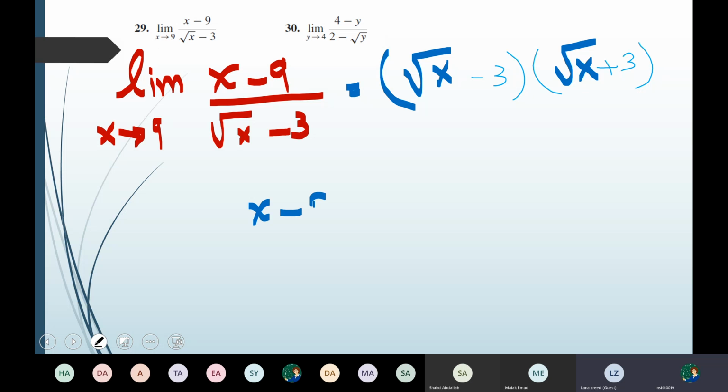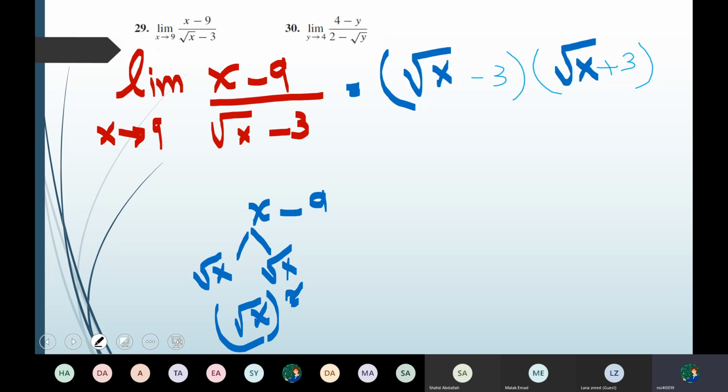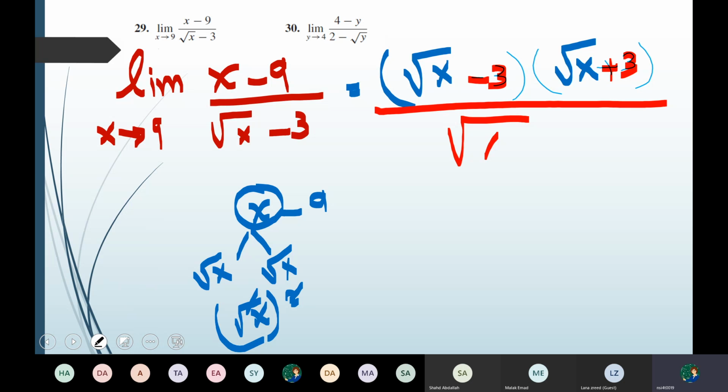Here it's x minus 9. This x is a product of square root of x times square root of x. And as I told you before, if they are square root of x squared, they cancel each other, so it's back to x. So I can refactorize it as square root of x minus 3 times square root of x plus 3, over the square root of x minus 3 down.